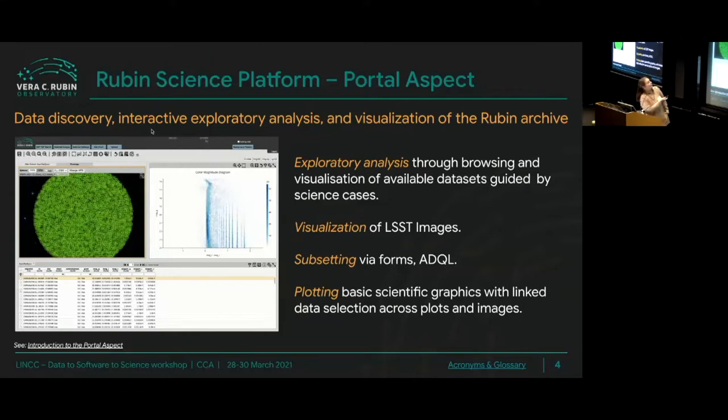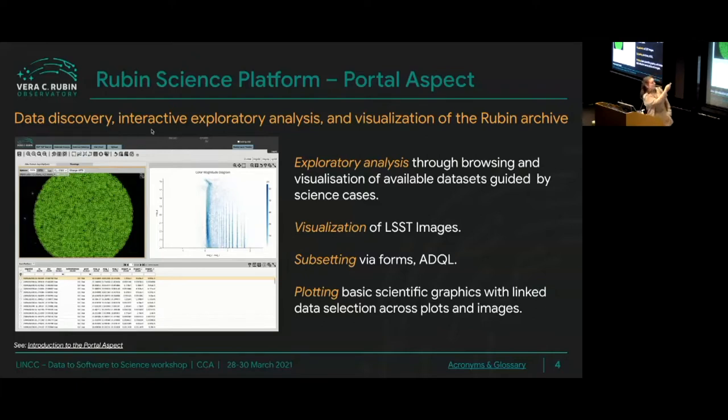This shows you the portal aspect, which is designed for discovery and interactive exploratory analysis. Here you see an example of a query that's being conducted, a cone search through a region. You see the data plotted, a color magnitude diagram on the right, and then you see all the data points. This allows you to just execute quick queries and have a look and explore the data a little bit.